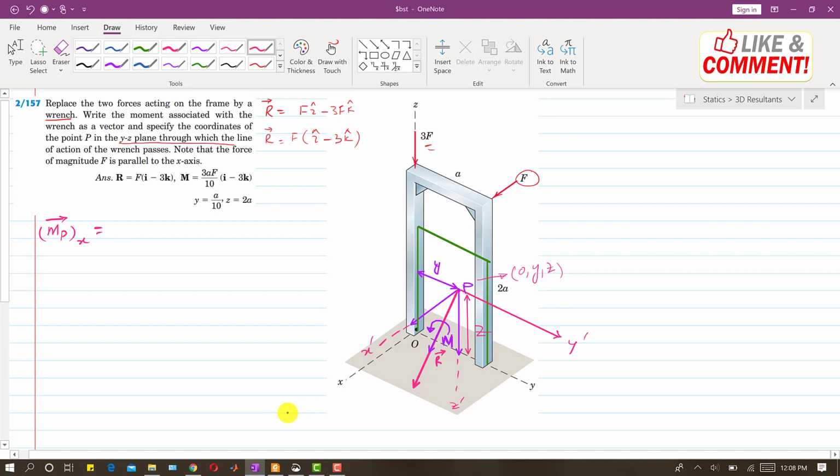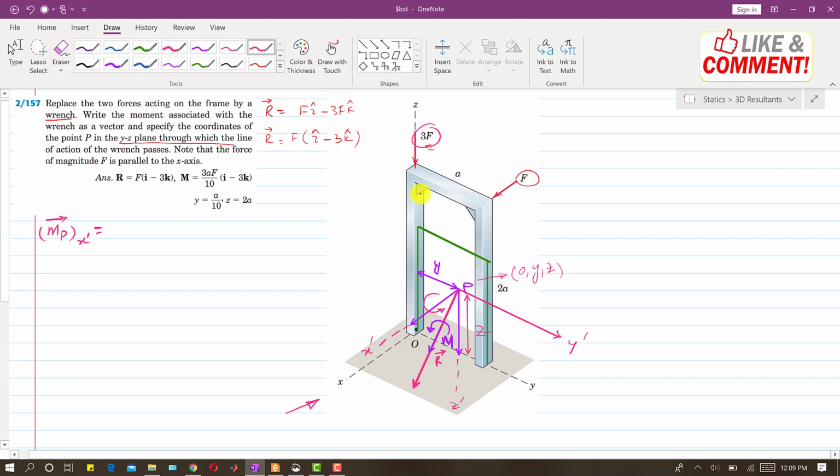so if we observe these forces from this direction, right? If I observe this force and this force from this direction, we can see that both of these forces are at some distance from this X dash axis, right? We are finding the moment at point P along the X dash axis, right? So this 3F magnitude force has a perpendicular distance of Y from this X dash axis, right? And the direction of that moment will be in this direction.